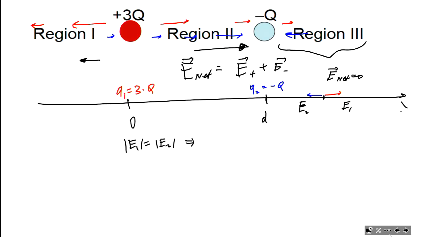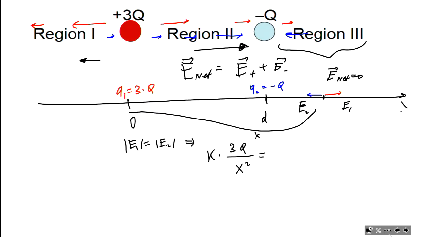Hence, well, what are we looking for? Let's say we are looking for this whole thing, which we call x. k times 3q over x squared. This expression represents the magnitude of the electric field strength due to the first charge.